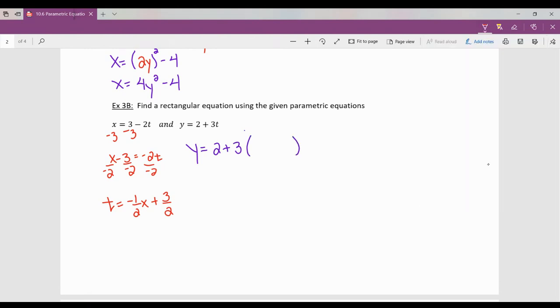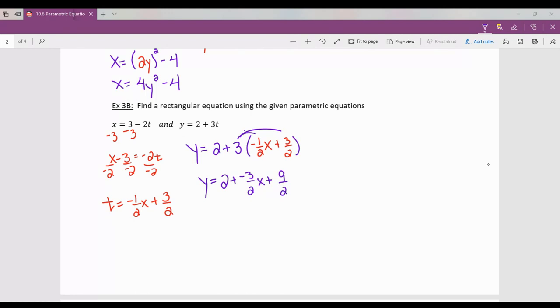But instead of t, I'm going to plug in negative 1/2 x plus 3/2. Now I simplify just like I did before. I'm going to distribute that 3 in, so y equals 2 plus negative 3 over 2x plus 9 over 2.